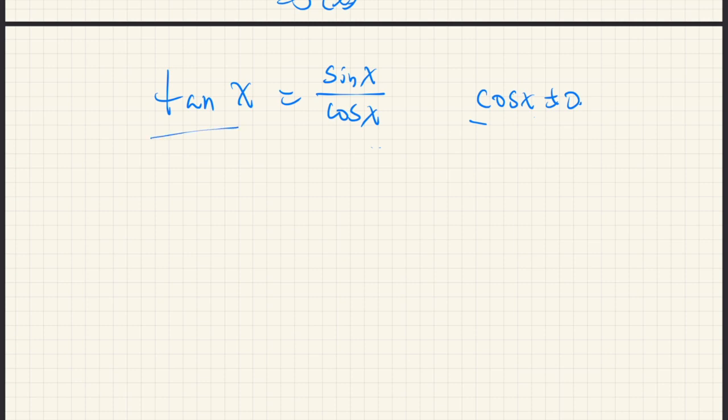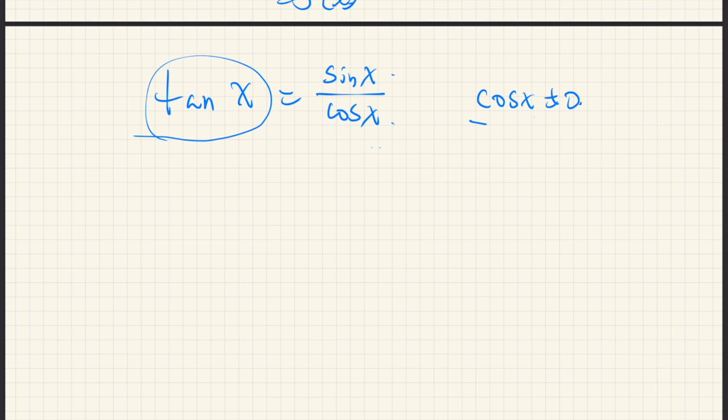Now, this tangent x is also a periodic function. As we have seen, sine x and cosine x both have the fundamental period of 2 pi. So what's the fundamental period of tangent x? Is it 2 pi? Actually, it's not 2 pi, but pi, and you should verify that by plotting the function.